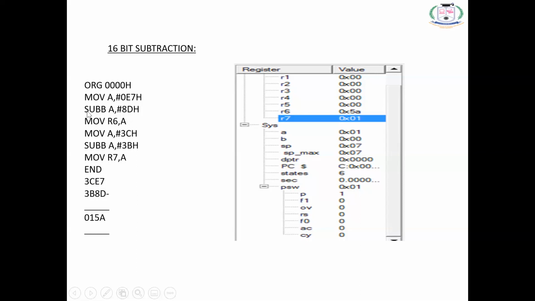But we have only the SUBB instruction. So I am moving my accumulator content to R6. Then I have to subtract 3C minus 3B. After subtracting, what is the value? I am getting 01. So the first 8 bits I am getting 5A. The next 8 bits I am getting 01. You all know my accumulator can hold only 8-bit data.